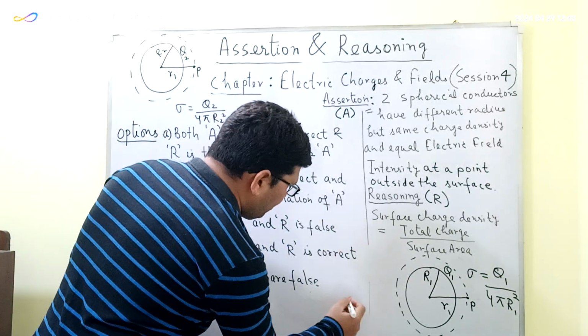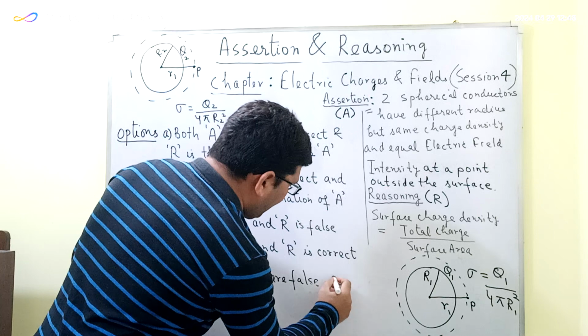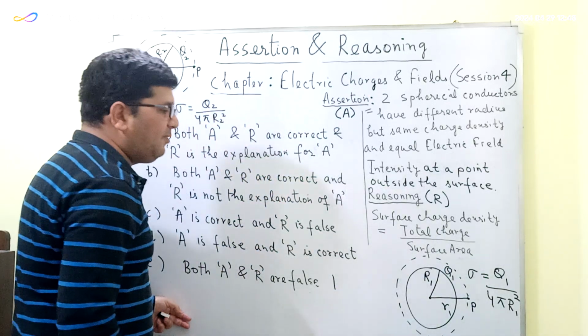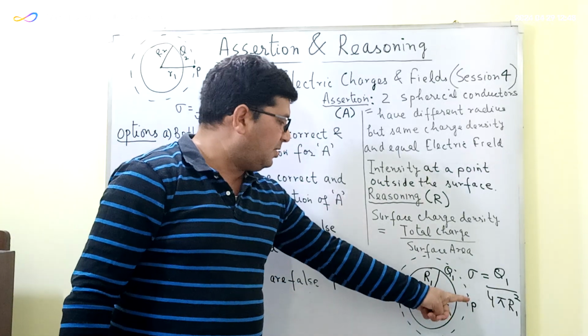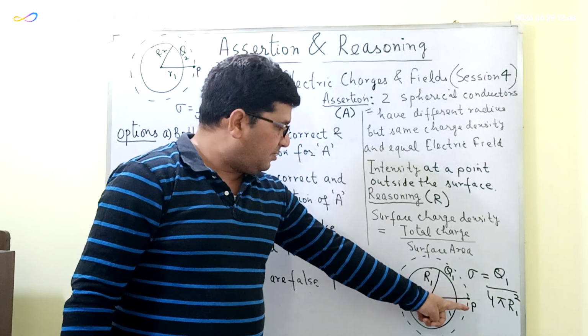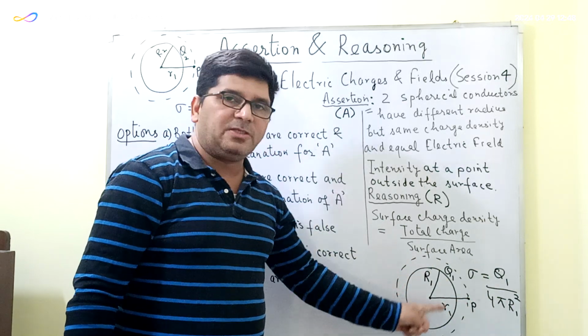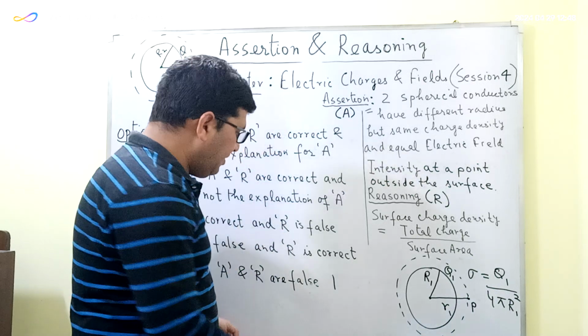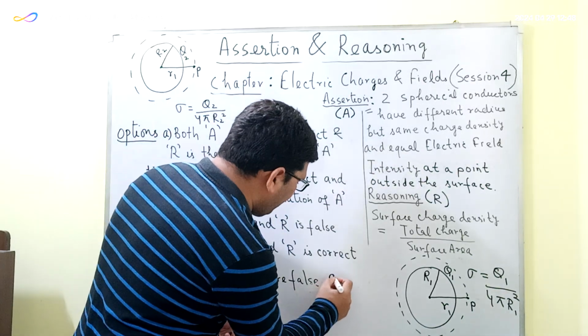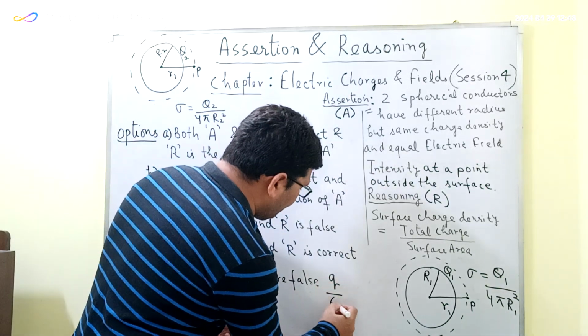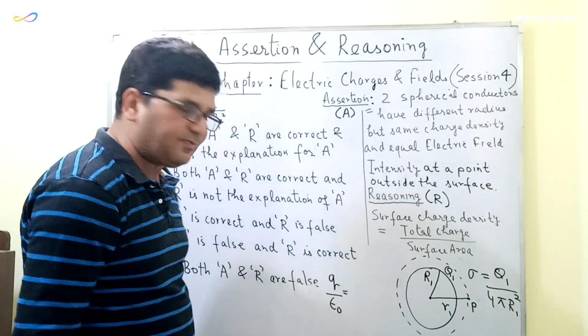As you all know, as per the Gauss law, the total flux passing through a closed surface is equal to the total charge enclosed by it divided by epsilon naught, that is Q upon epsilon naught, where Q is the total charge enclosed by that Gaussian surface.